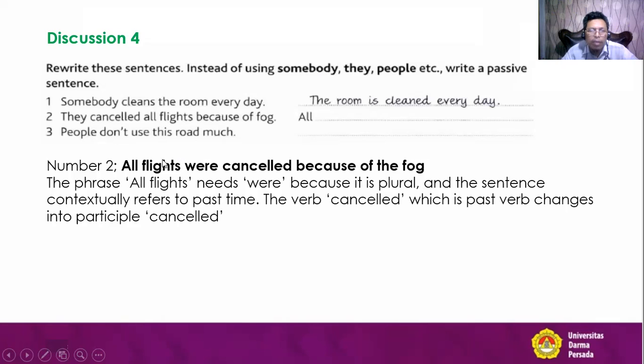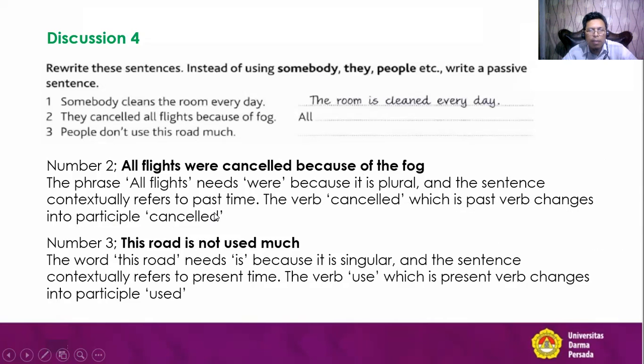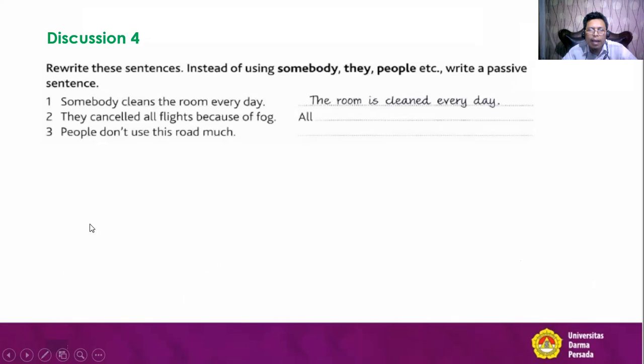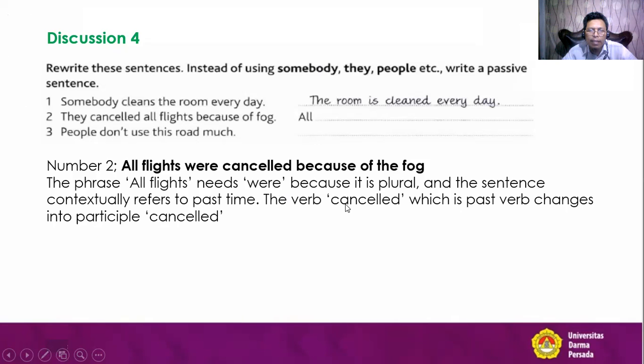How do we know that this is plural? Because we have flights. And the sentence contextually refers to past time. How do we know that this is past time? Because originally we say cancelled, so this is simple past. So the verb cancelled, which is a past verb, changes into participle cancelled. And they are definitely the same. Cancelled as the past verb, and then cancelled as the participle.